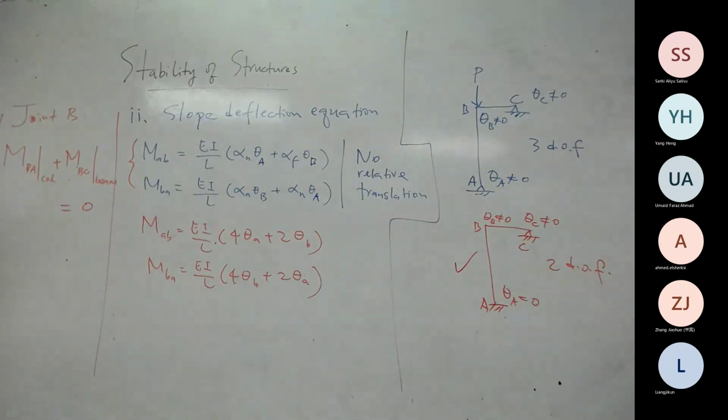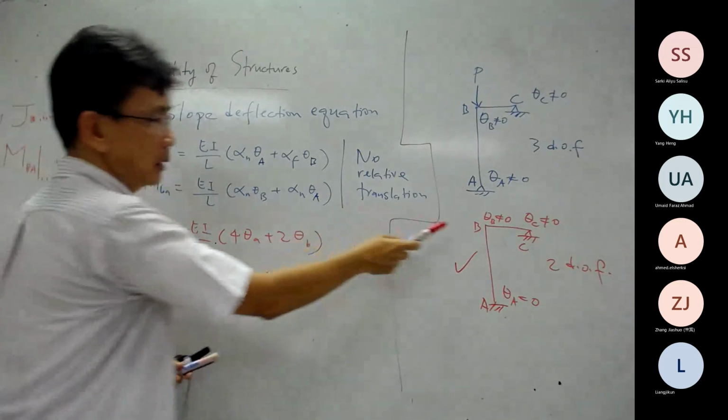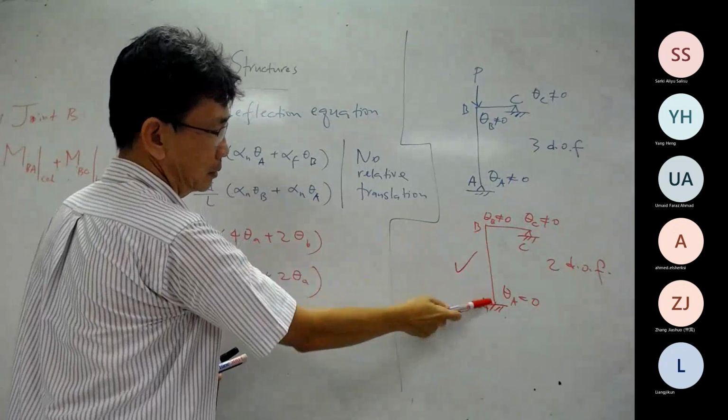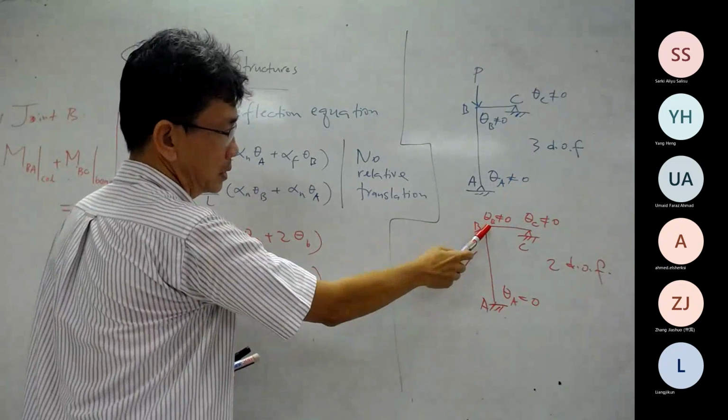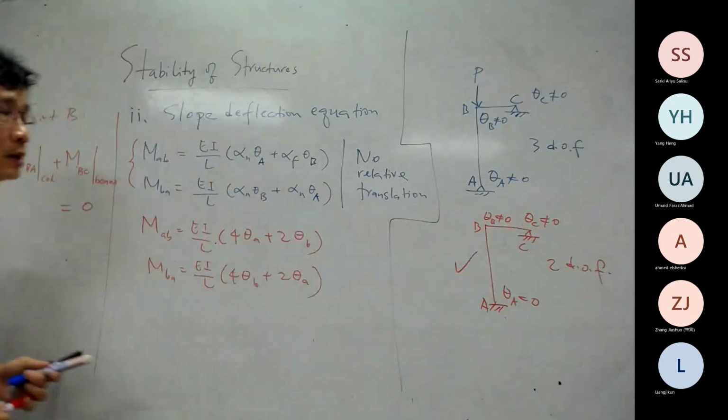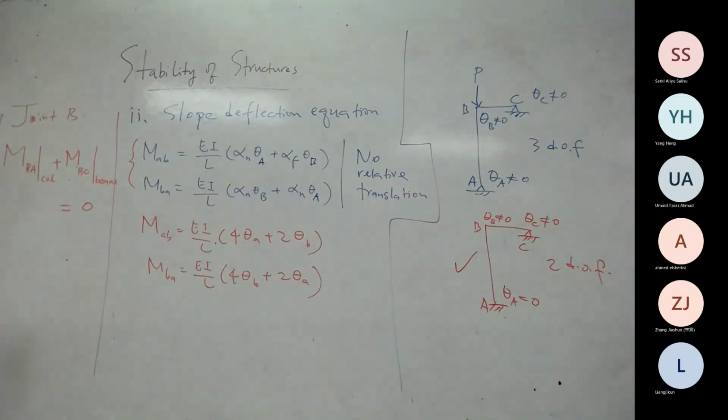Now, we have MBA, which is the moment at this end coming from the column side, and the moment at this end coming from the beam side, equal to zero. So next you have to form the MBA for the column, making use of the equations.